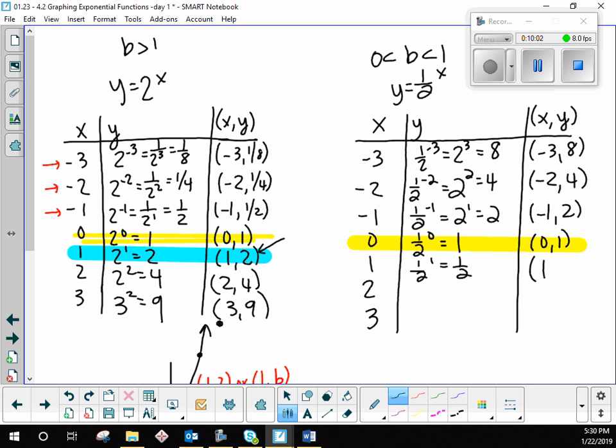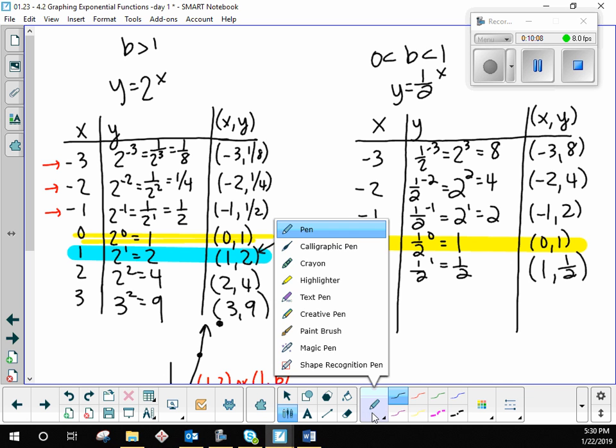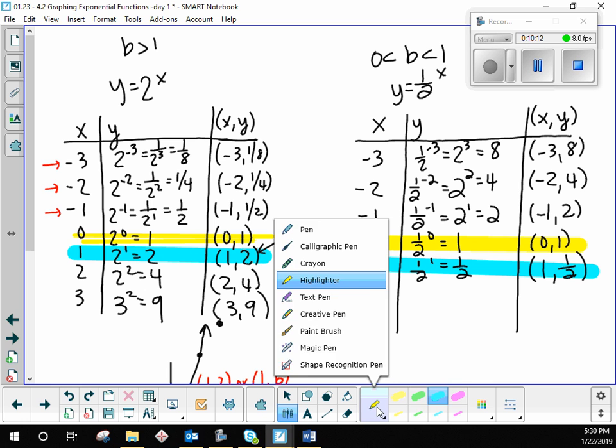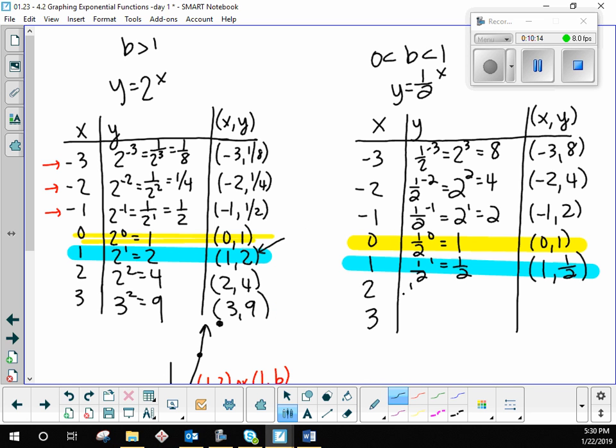So my point when x is 1, the y is whatever the base was, which was 1/2. When I put 2 in, 1/2 squared is 1/4. When I put 3 in, I get 1/2 cubed, which is 1/8. So I get 3, 1/8.